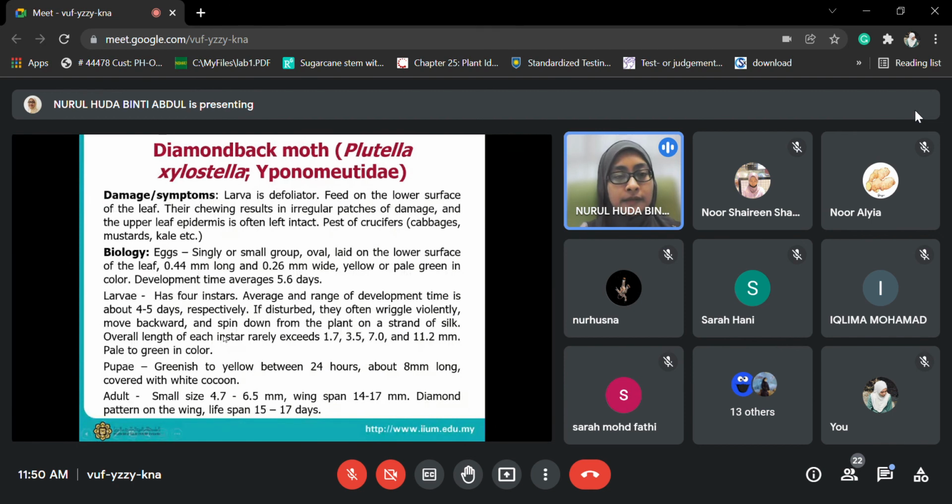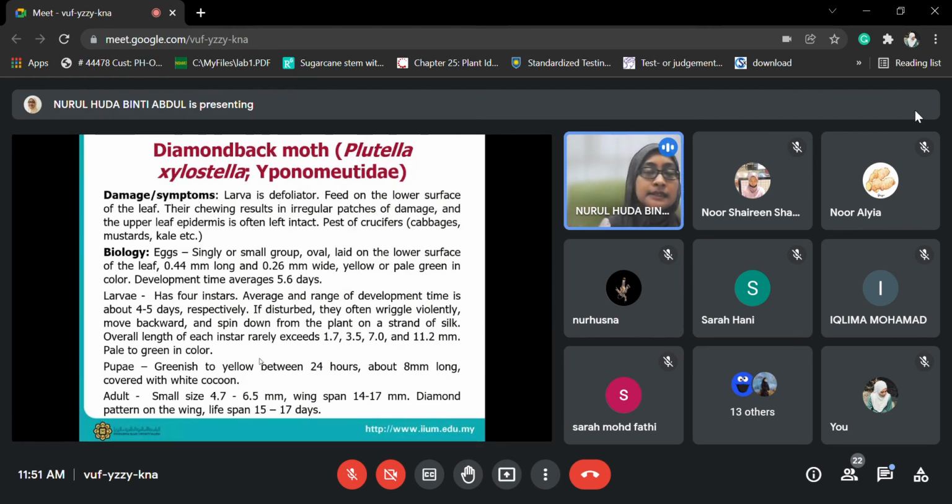The thing about the larvae is that when you disturb it, it wriggles. Meaning it will move erratically, violently. So it does not look like it runs away, it wriggles. Okay, and then sometimes it may drop from the place where it stays. Meaning it will fall down or detach itself from the place where it was feeding.